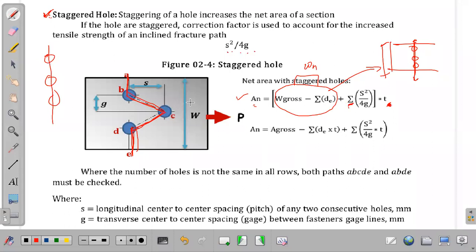Why do I have a summation? Because there is a possibility that there are many of those, not just one. That's why summation. S squared over 4G. Okay? So what is our S? Our S is what we call the pitch. And the G, the G in over 4G, is what we call the gauge. Okay? So the S, or the pitch, is the center to center distance of holes parallel to the direction of the load P. Parallel. That is S.